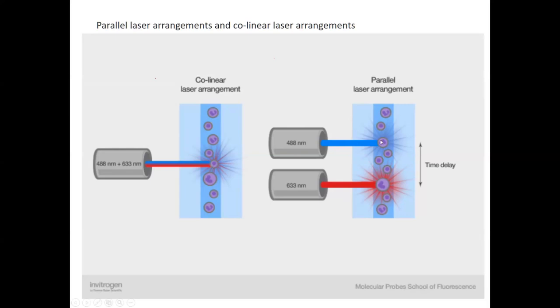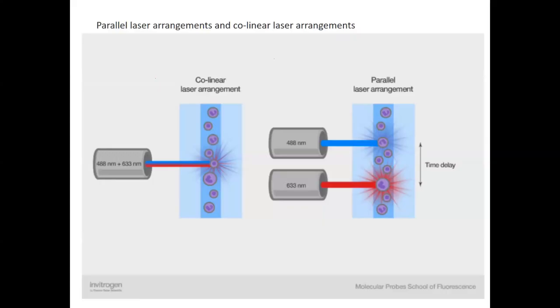Here, this particular neutrophil, for example, gets hit first by the blue laser. So all the fluorochromes which are excited by the blue laser will emit signal, and then it has to come down and be interrogated by the red laser, where the fluorochromes excited by the red laser will give signal. So there is a time delay.